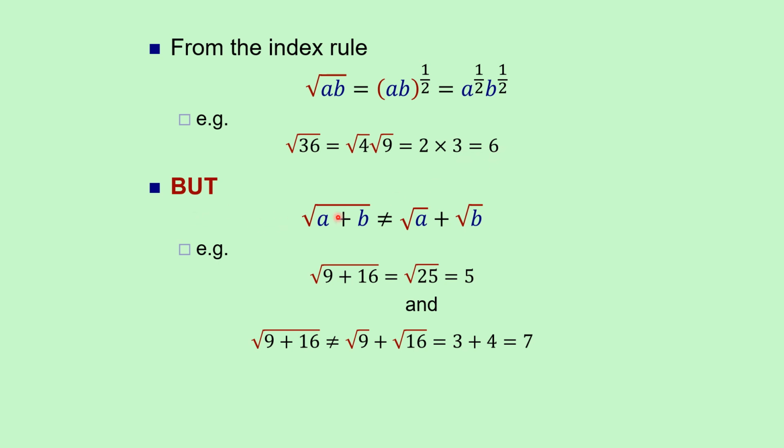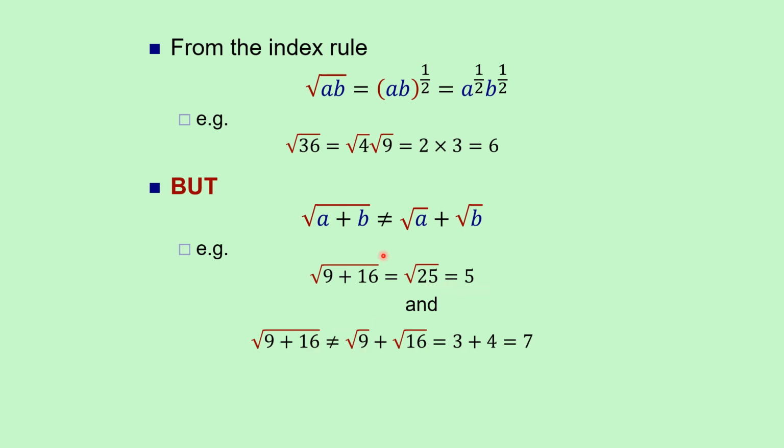But remember, there is a special case that you have to be more careful with, where you have the square root of a plus b. It does not mean square root of a plus square root of b, because this is not multiplication, this is addition. Example, you can see the difference here. Square root of 9 plus 16 is square root of 25, and the answer will give you 5.